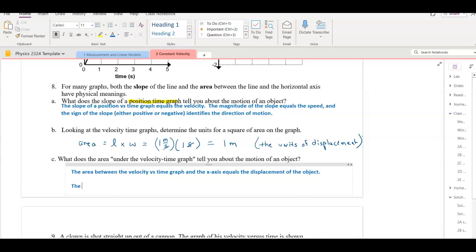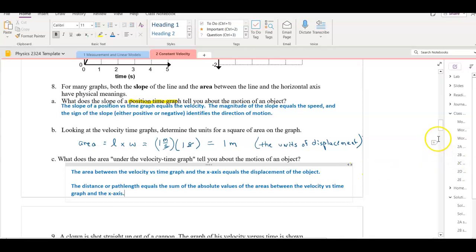The distance or path length equals the sum of the absolute values of the areas between the velocity versus time graph and the x-axis.